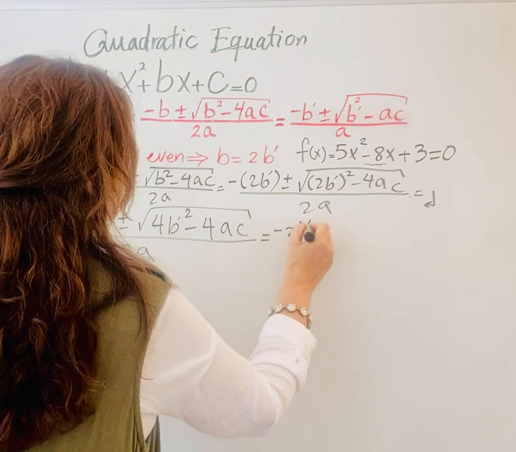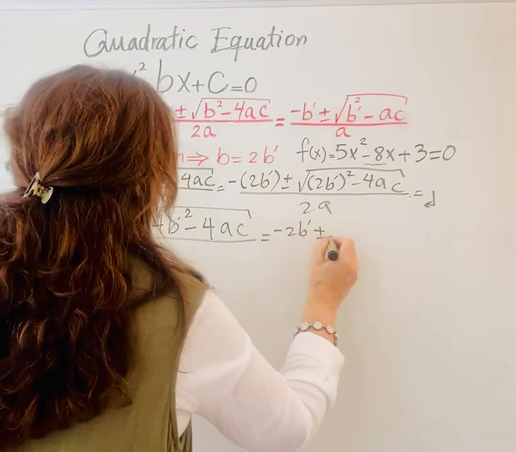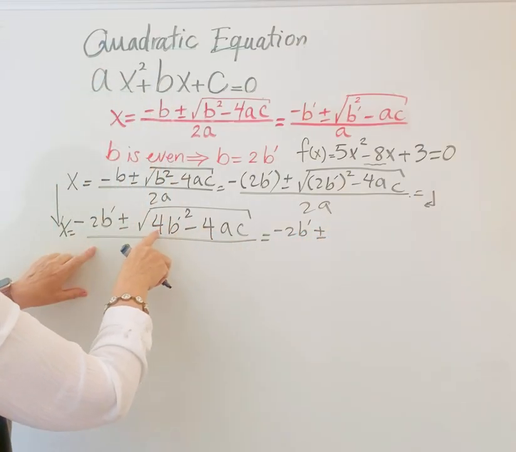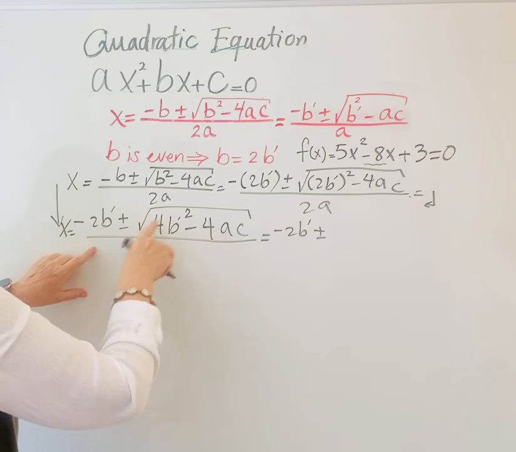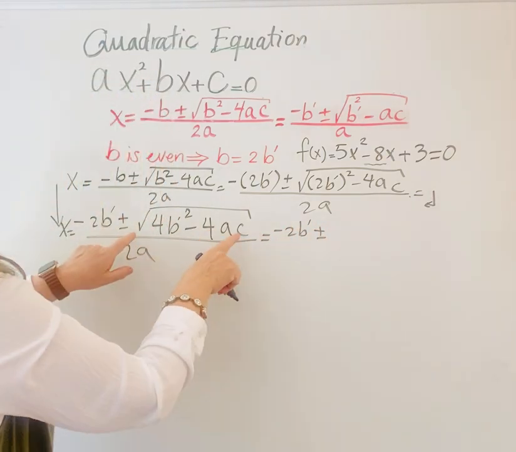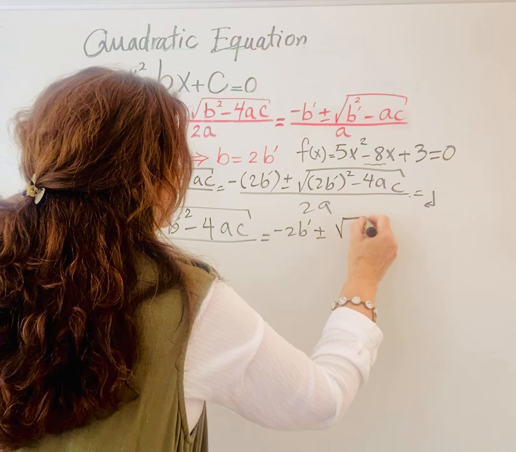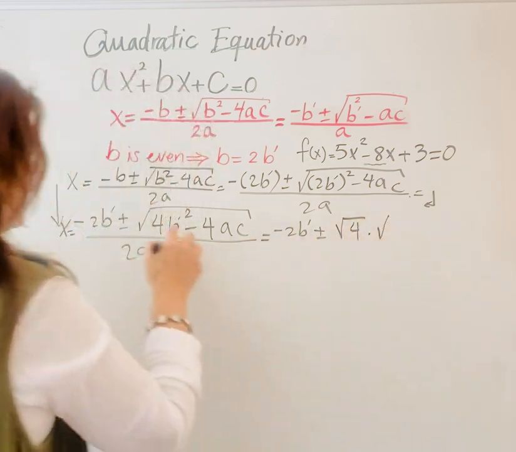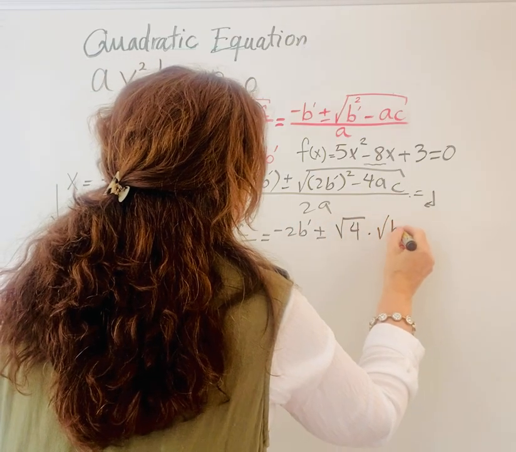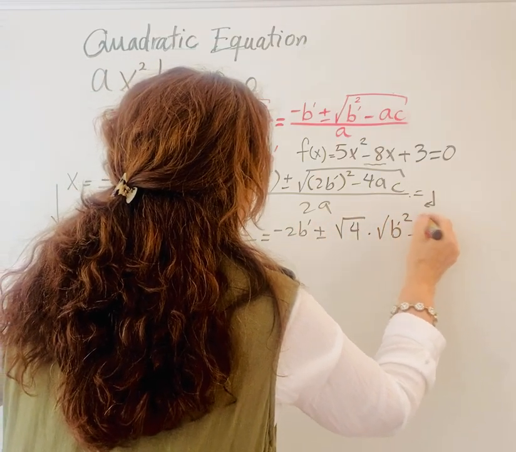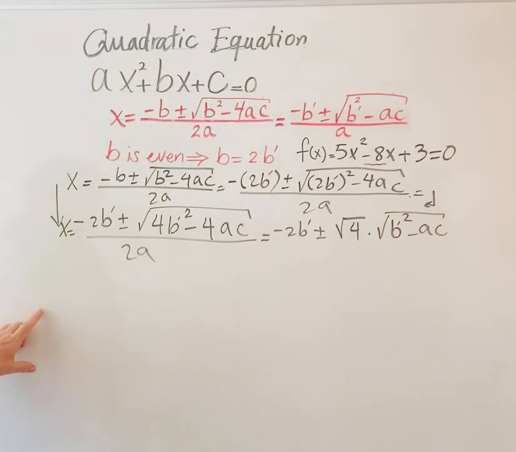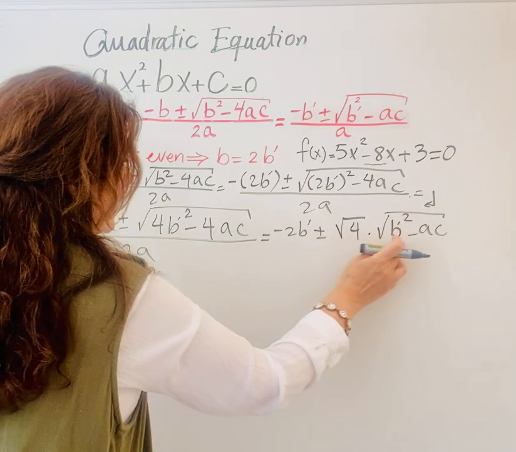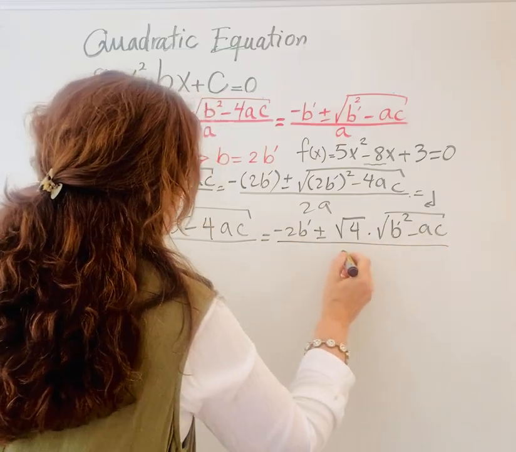Negative 2b prime plus or minus: we factor out 4, and we can write this radical as 2 times the radical of b prime squared minus ac, right? When you factor out 4, you get 4 times this parenthesis, with 4 in a separate radical and this one in a separate radical. Good. Over 2a.